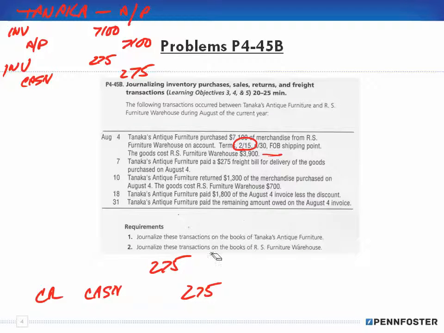Okay, so let's see here on 8-10. Tanaka returned 1,300 of the inventory purchased on August 4th. So if they're returning it, that means they don't owe as much, and it's 1,300. So, am I affecting cash?